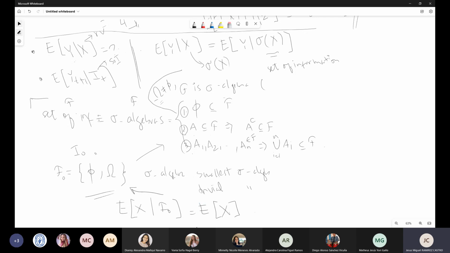Les voy a leer la definición. Voy a tener que salir hoy día más tempranito, 2 minutos, de white noise, ¿ok? Entonces tenemos el white noise process.